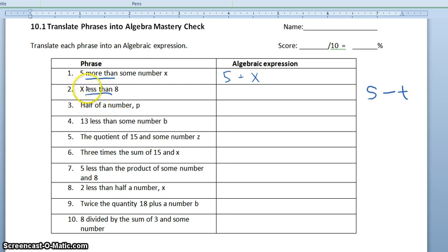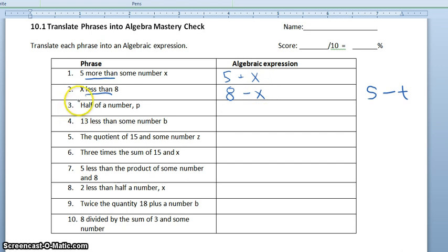I started with 8, but now I am taking away x. So x is going to go after the subtraction sign, and 8 is going to go in front of it. Remember, less than is one of those few phrases where your numbers will switch order from the way they're written in the phrase to the way they're written in the algebraic expression. So careful with that order. It has to be 8 minus x. That's the only order that works.